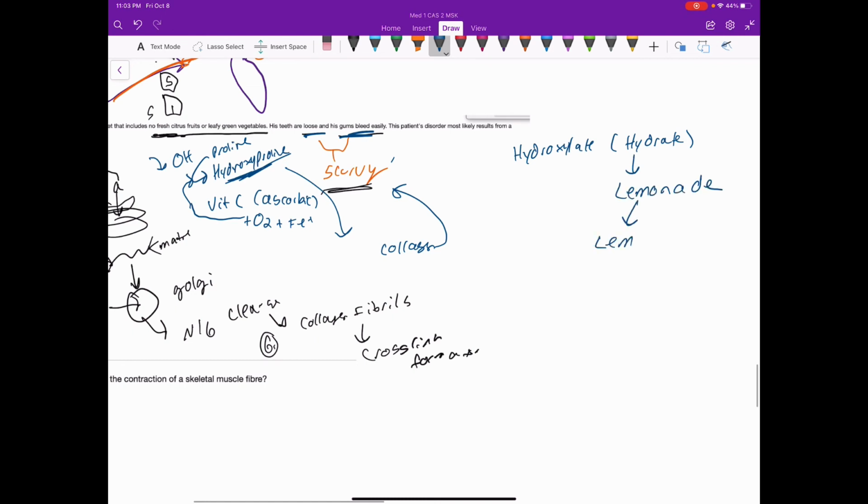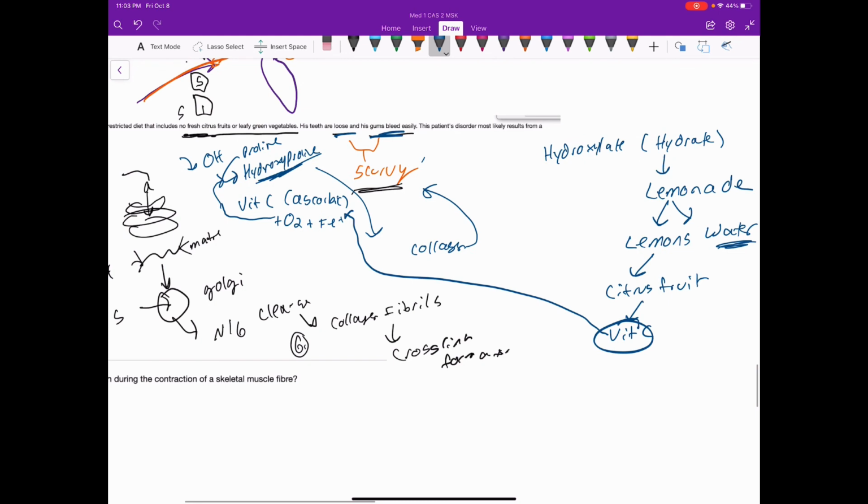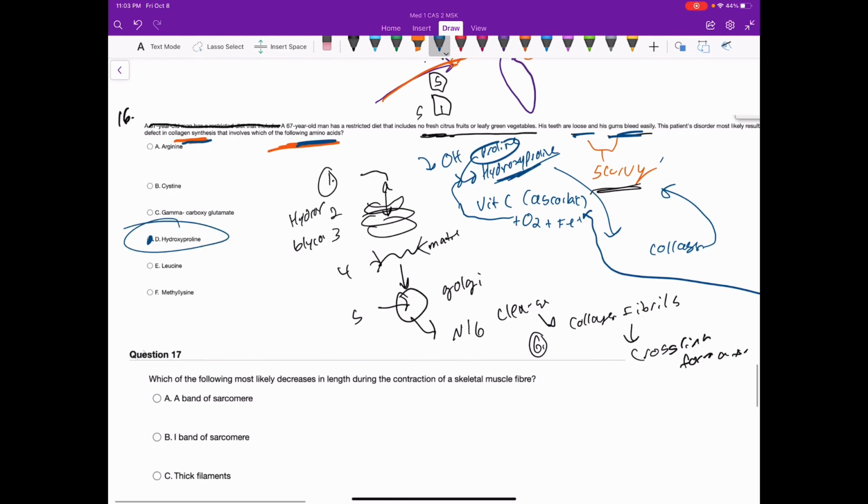Lemonade is made up of lemons plus water, hydration. Lemons have what in them? Well, it's a citrus fruit, and citrus fruits have vitamin C. So this vitamin C could be used to hydroxylate proline to make hydroxyproline. So that's how you get this answer.